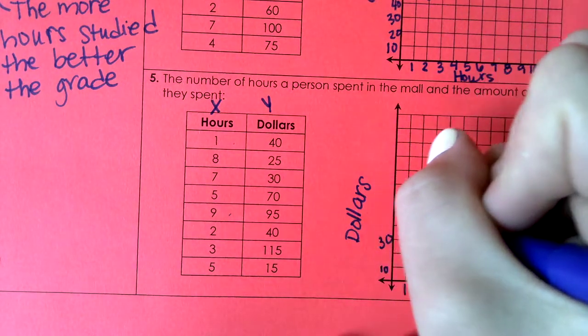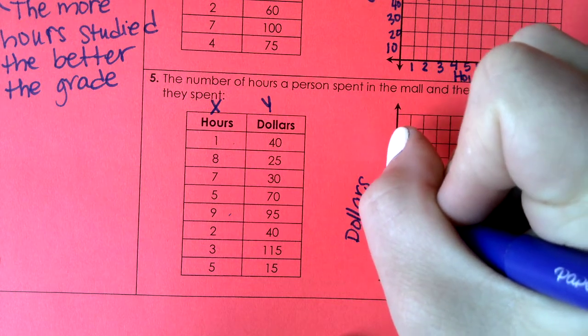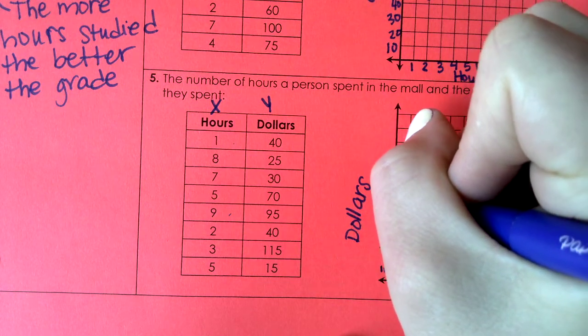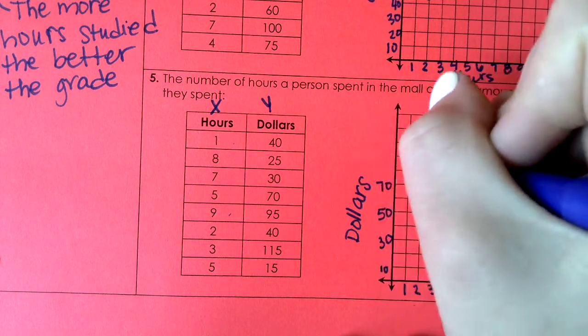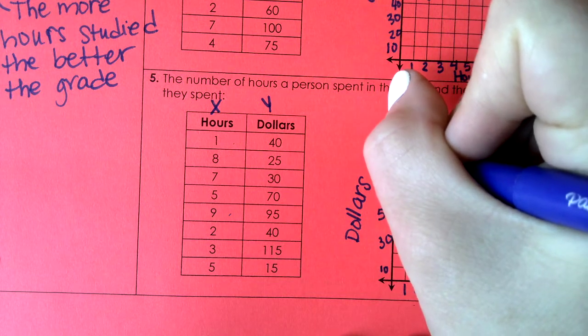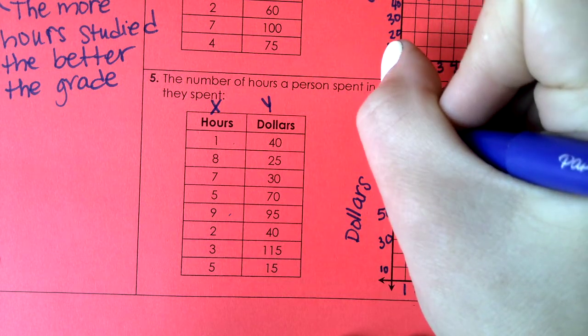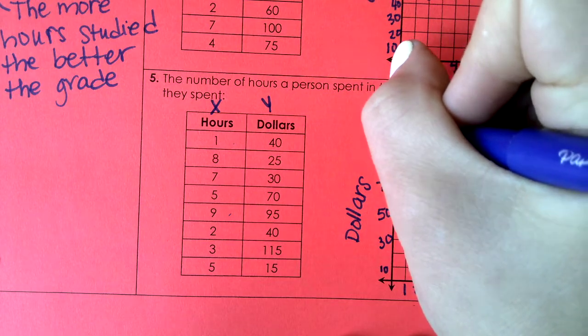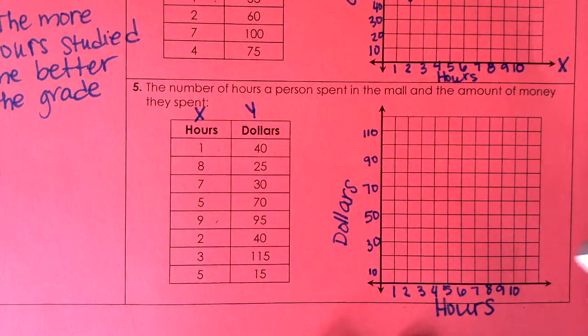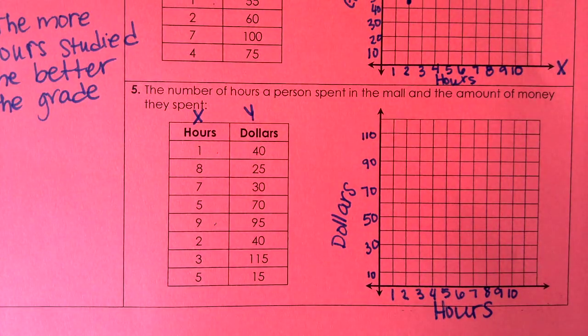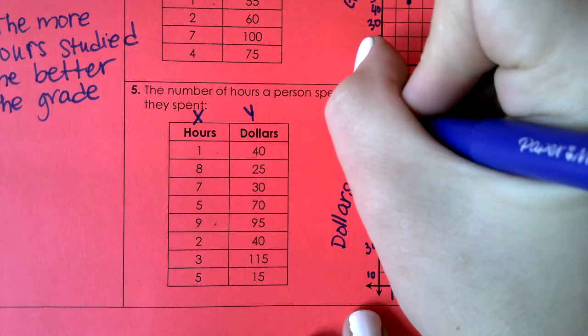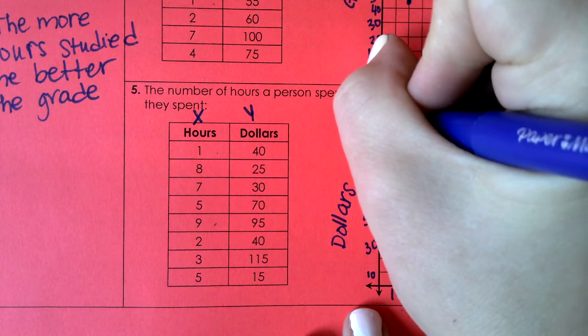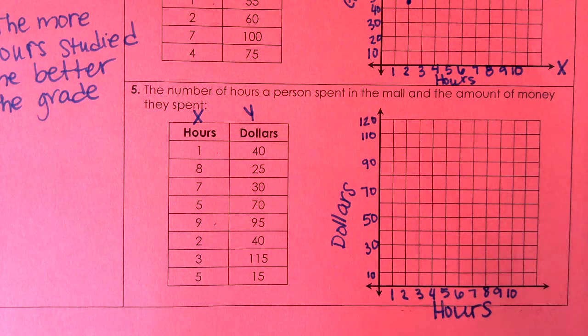But just so we have enough room and it looks a little bit nicer, I'm going to do every other. And then I am going to write this 120 on the top one, just because it's my last one.